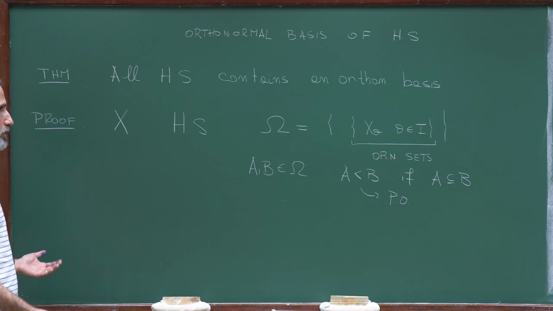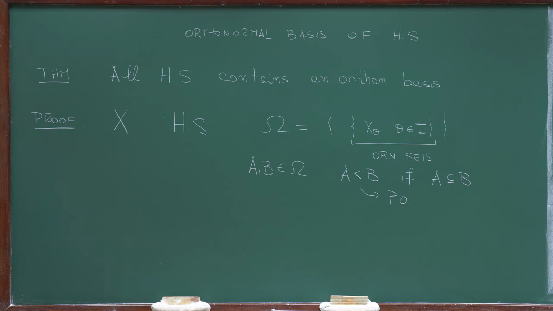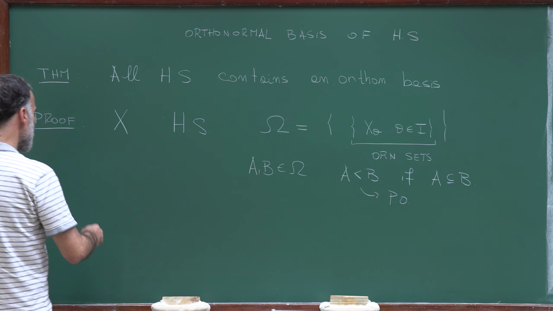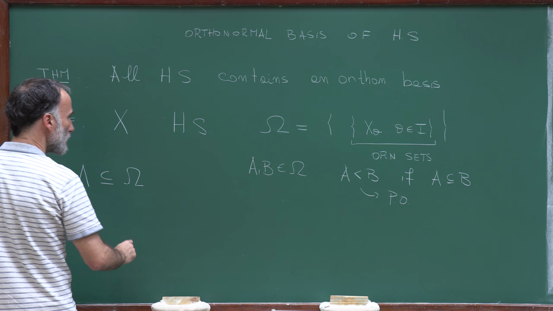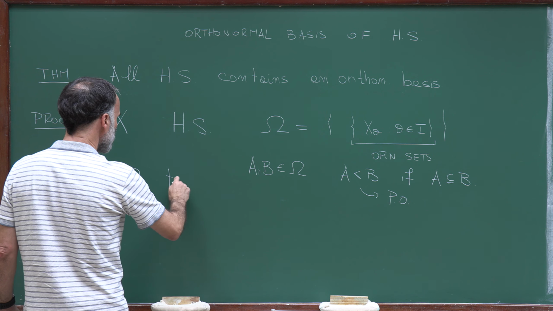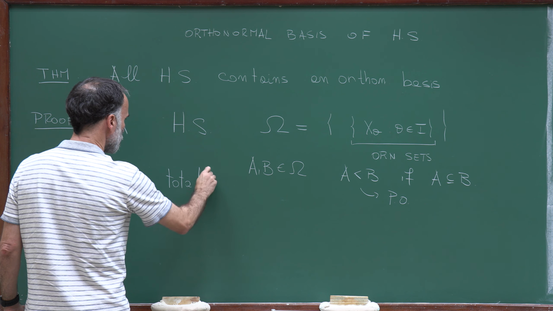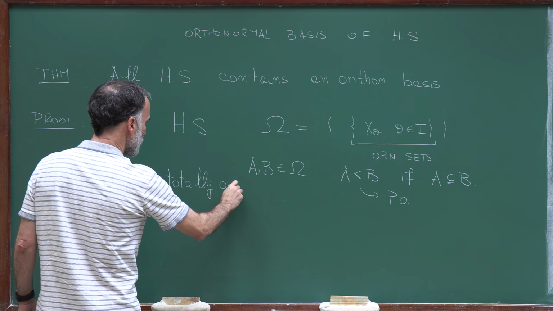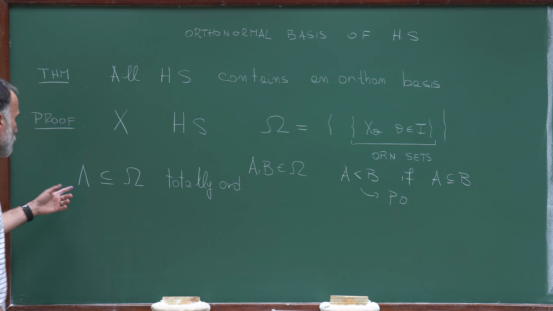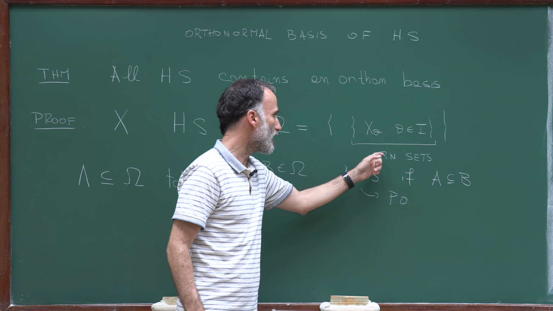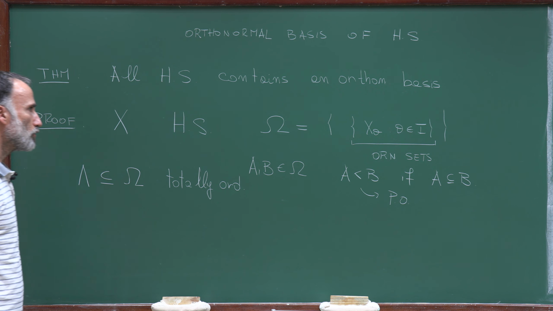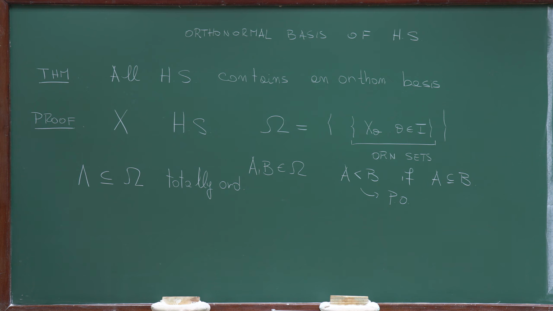And now let's check that the conditions of Zorn's lemma are fulfilled. So let's say that lambda is a subset of omega, which is totally ordered. So the elements of lambda are families of orthonormal sets.